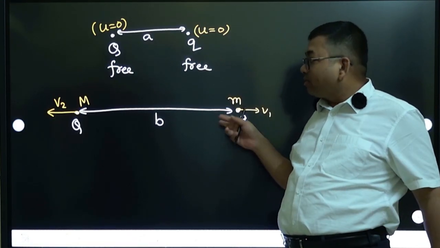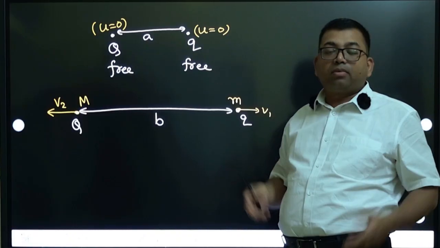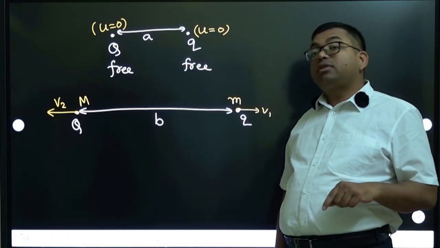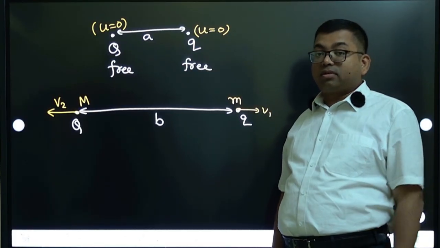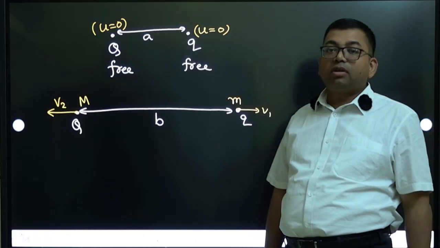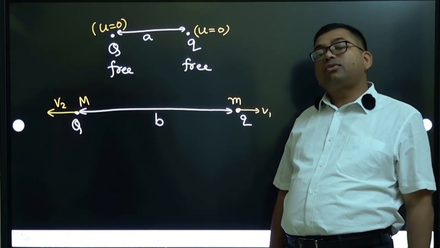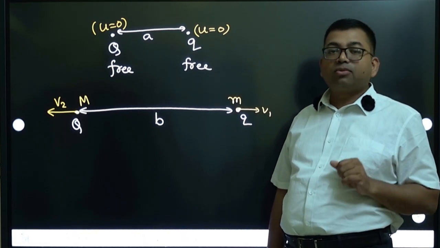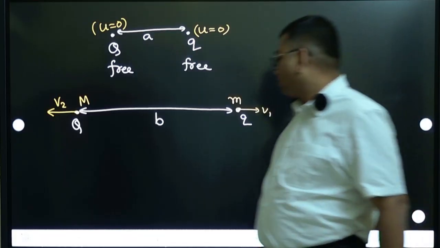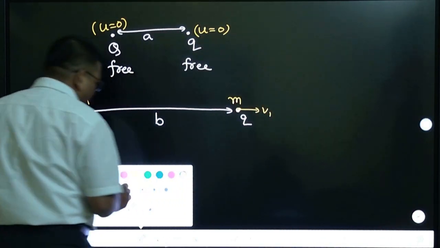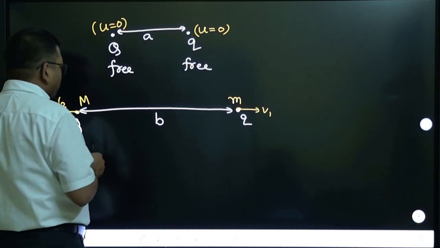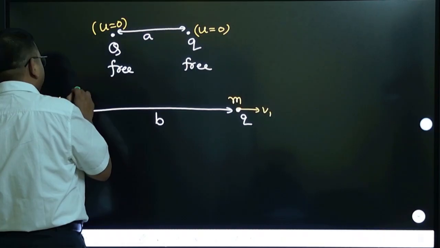But the distance you are taking is the distance between them, which is nothing but the separation. That means you have to study one body with respect to the other. Relative motion you have to study. So the same concept can also be applied by using relative motion. Let us try relative motion and see the result. So relative motion, when you see, that means you have to keep an observer, let us keep the observer here.